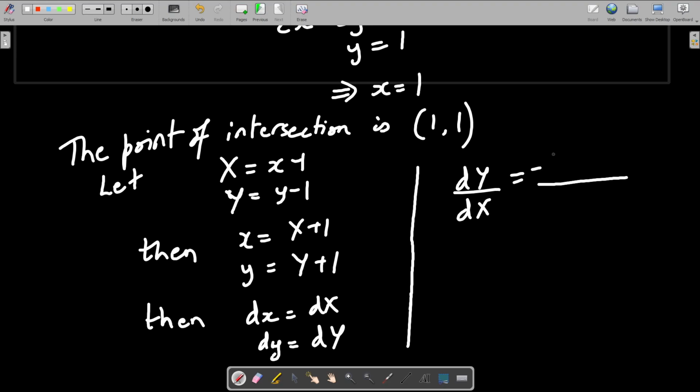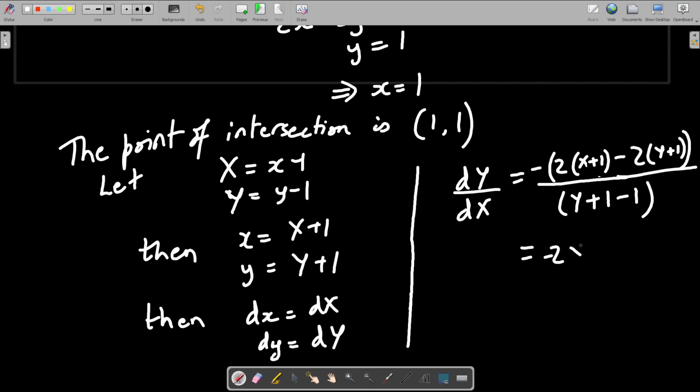There's a minus sign here, so just keep that. So this will become 2 times x plus 1 minus 2 times y plus 1 upon the denominator, capital Y plus 1 minus 1.